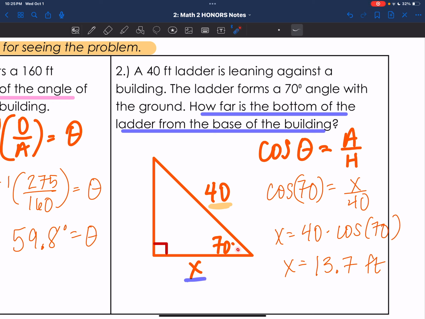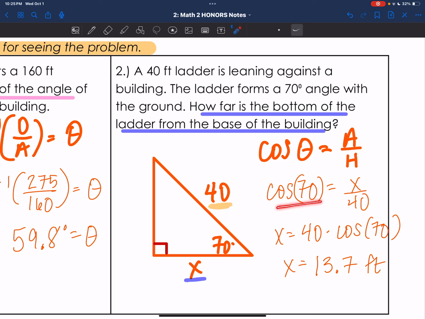They gave us the angle, but we know this is the hypotenuse because it's across from the right angle. And since our angle's here, this is adjacent. So we're going to use cosine, which is adjacent over hypotenuse. So cosine of 70 equals x, which is your adjacent, over hypotenuse, which is 40.